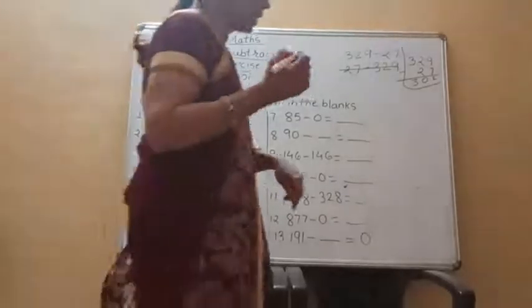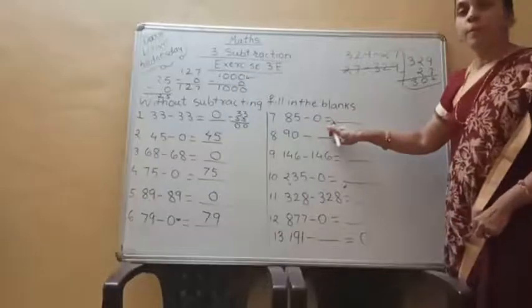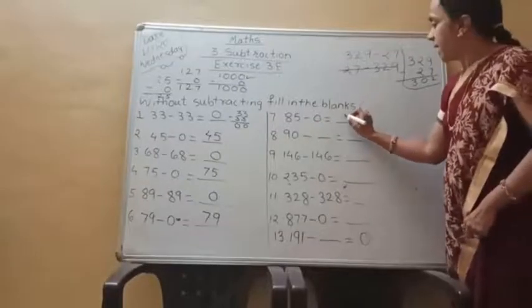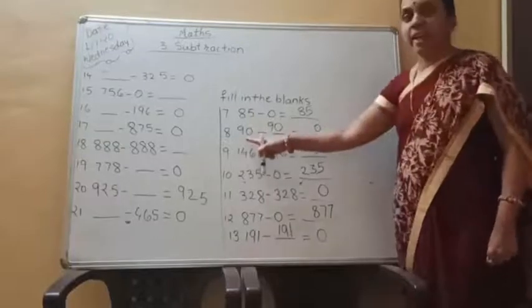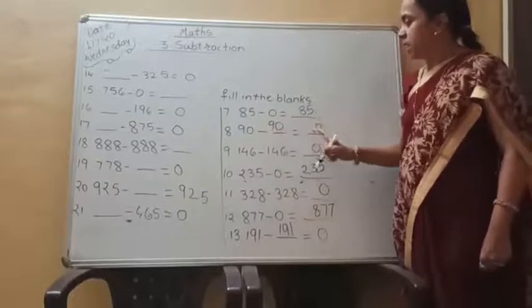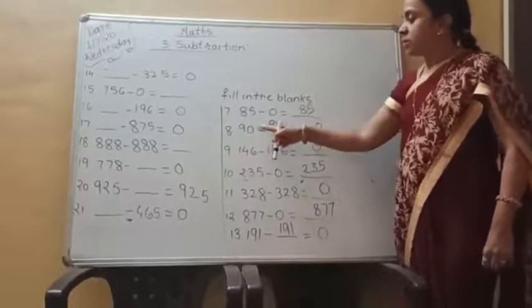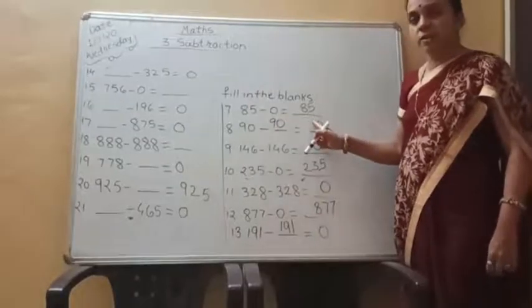Now see 7th question. 85 minus 0. What is the answer? 85. Now see 8th question. 90 minus which number equal to 0? So what do we have to write here? 90 minus 90 equal to 0.